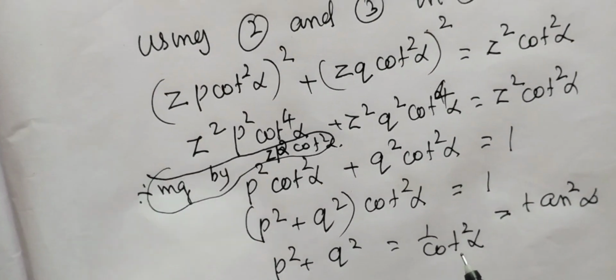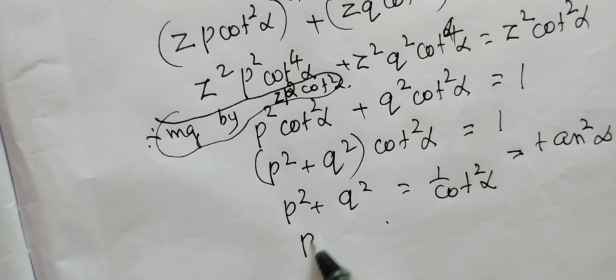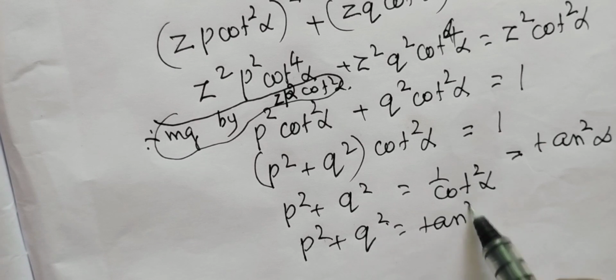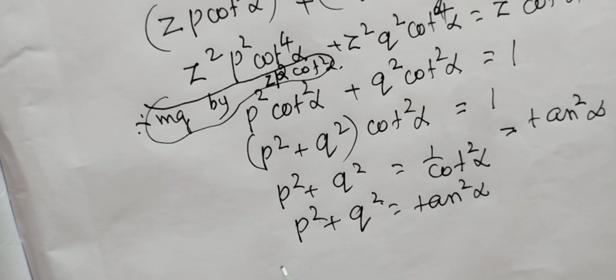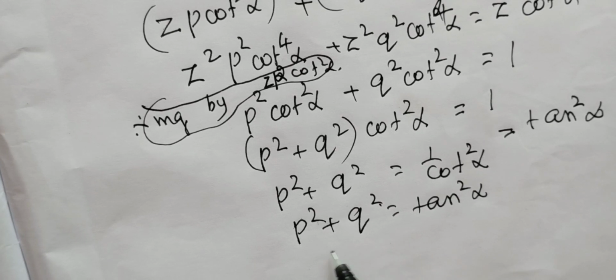So this is our required answer. So the final answer is p square plus q square is equal to tan square alpha. This equation contains no arbitrary constant. So this is our required answer.